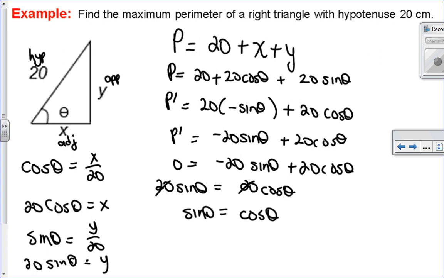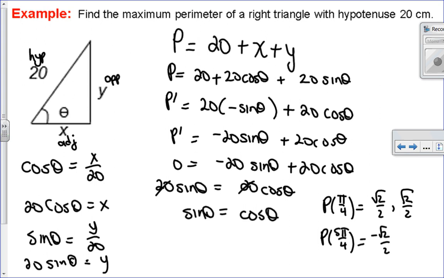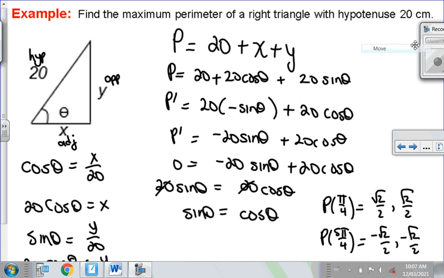I know the point on the unit circle where sine and cosine are identical is pi over 4. That has coordinates of root 2 over 2 and root 2 over 2. And I also know 5 pi over 4 has coordinates negative root 2 over 2 and negative root 2 over 2. So it has to be one of those values.